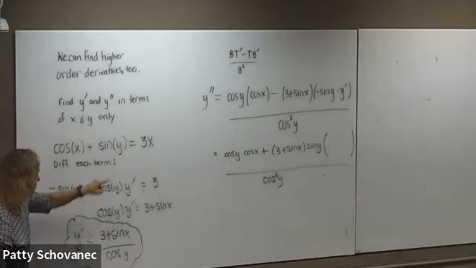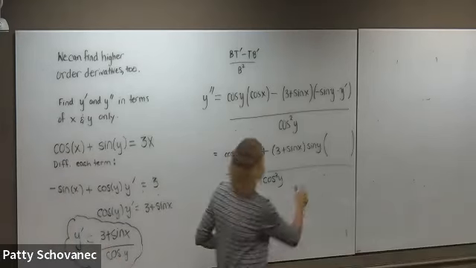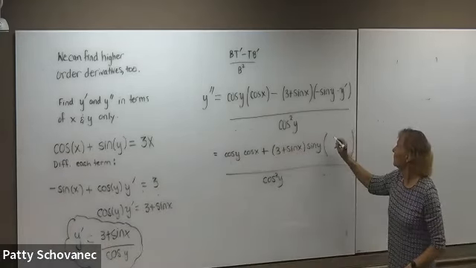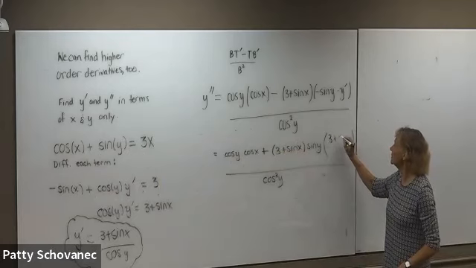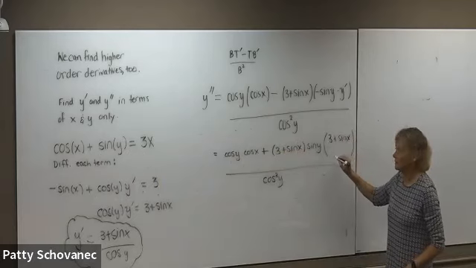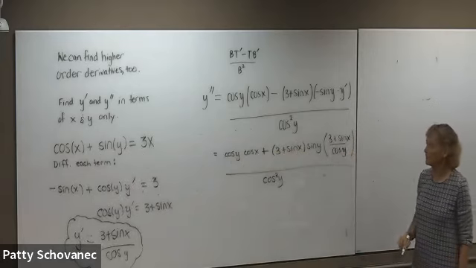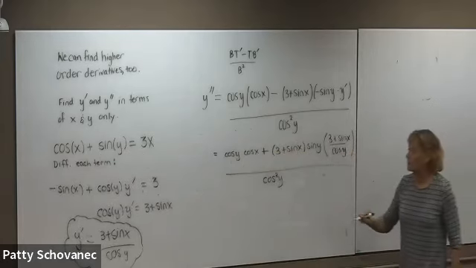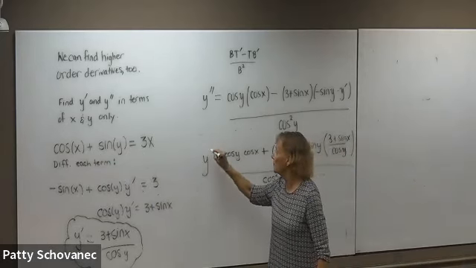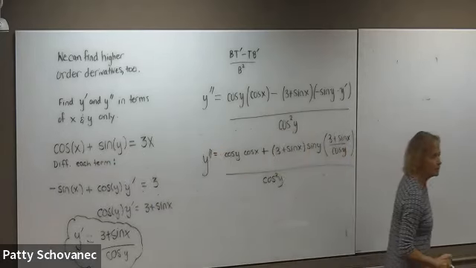So put this in where the y prime is, right here. That'll be 3 plus sine of x divided by the cosine of y. You get a big old mess. Well, make sure you understand where that big old mess came from.